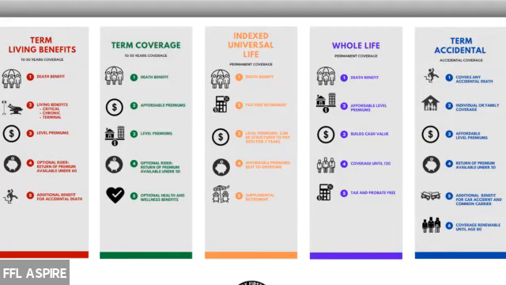So term living benefits, term coverage, Index Universal Life, whole life, and term accidental, because I want them to understand what options they have, so that I'm educating them. They feel in control of what they're putting in place for their family, and I'm here to advocate for them and to give my professional recommendation.